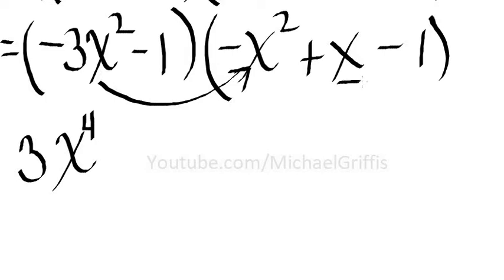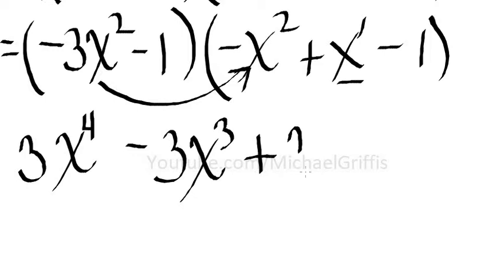Negative 3x squared times x is going to be minus 3x to the third, right? 2 plus 1. And then negative 3x squared times that minus 1 there is going to be a positive 3x squared.